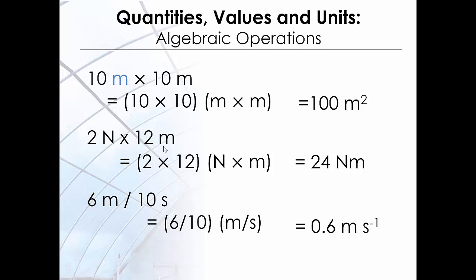Therefore, the amount of work is represented by a new unit, which is Newton meters. Another example would be the velocity of an object, which is obtained by dividing the distance traveled by the time of the travel. And the new resulting unit for the velocity becomes meters per second.